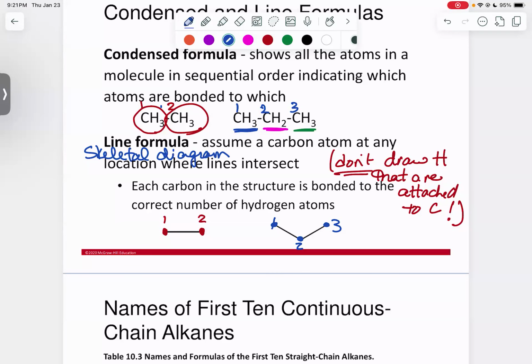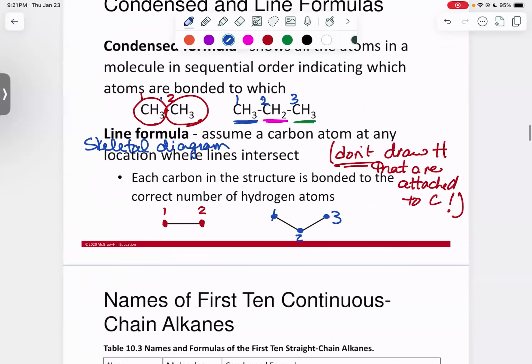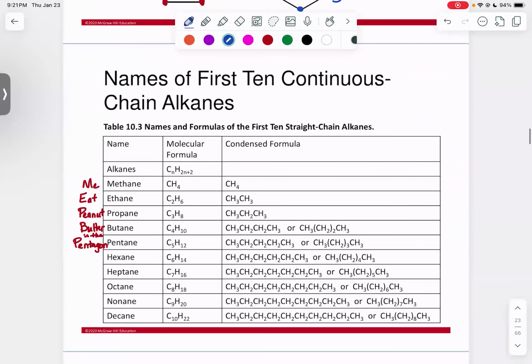Okay, so now we're going to talk about naming and properties. Some of y'all already know this. When you took my class, you should have learned this. When you're doing your alkanes, you have to be able to name them.